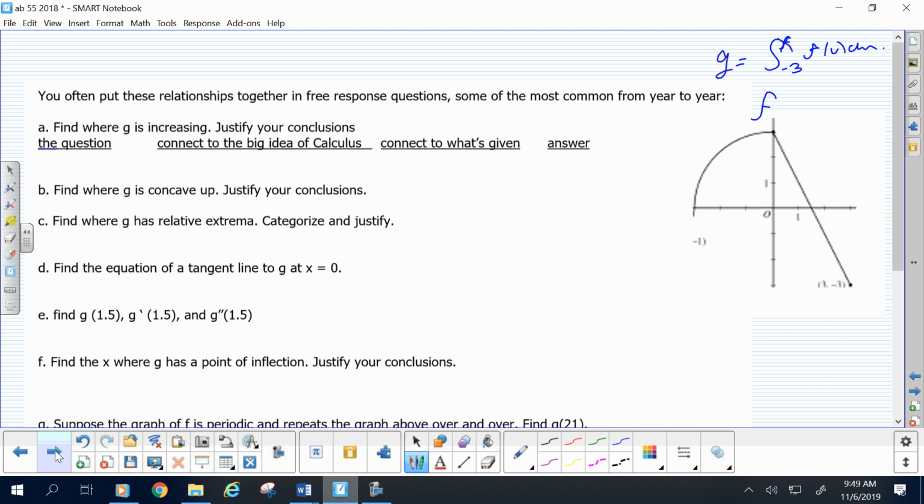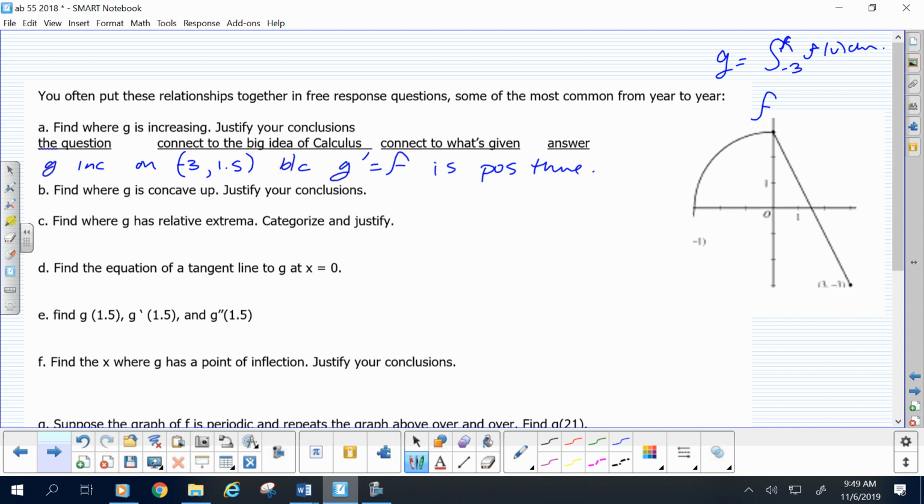So we're going to say G is increasing on -3 to 1.5 because, first the big idea of calculus, because G prime is, and then we're going to connect it to what we're given. They didn't give us G prime, we're connecting it to F is positive.